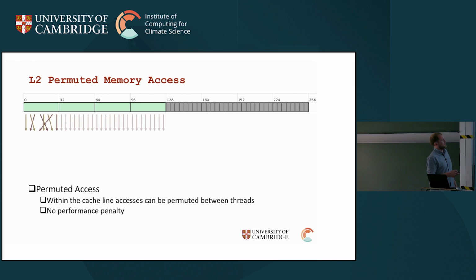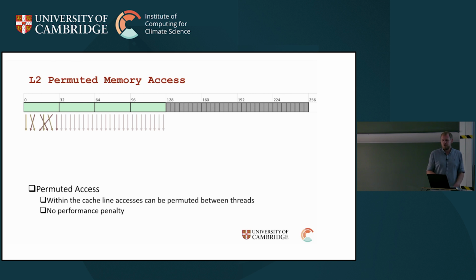Okay, so what happens when we don't do that? There are some things you can do that are fine, and some things that are bad. So you could have permuted memory access, where some of the threads access things that are nearby, but not necessarily coalesced. I don't have an example where I can write this as code, because you would have to assume that the index position is coming from some function, and then it's more complicated than just having a diagram.